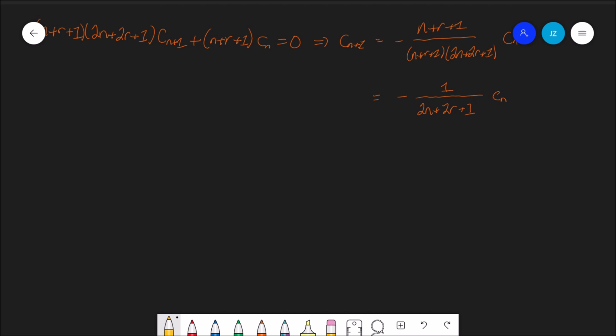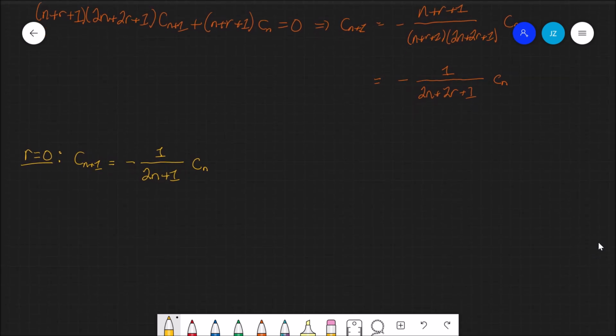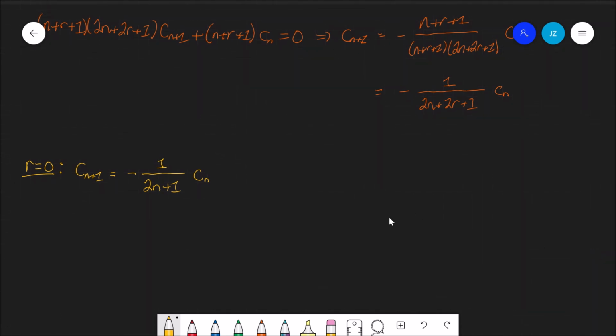So let's start with r being equal to 0. Then our recurrence relation is c sub n plus 1 is equal to negative 1 over 2n plus 1 times c sub n. We're going to have to try and recognize a general pattern. So let's start with n equals 0.